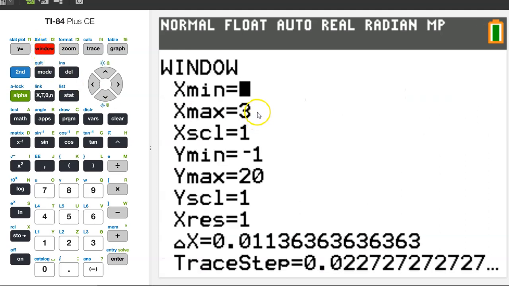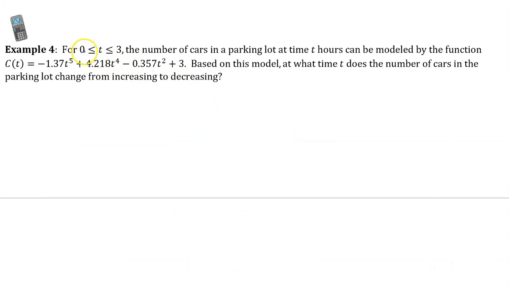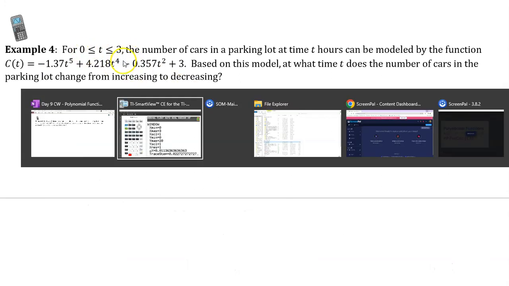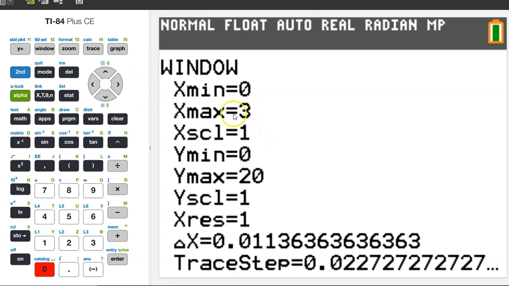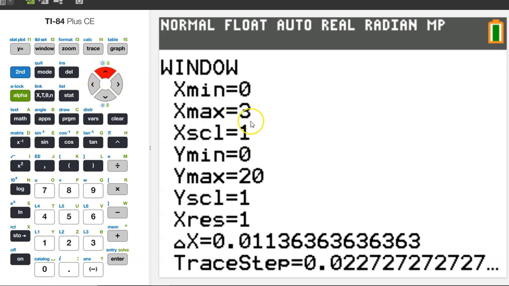For starters, we can't have negative cars, and we don't have negative time. So we know that x min and y min can both be 0. Also, for the x interval, they gave us the interval from 0 to 3, so we should definitely set x max to be 3.